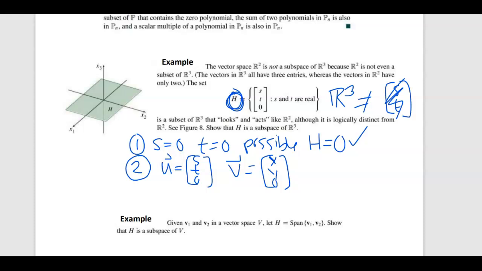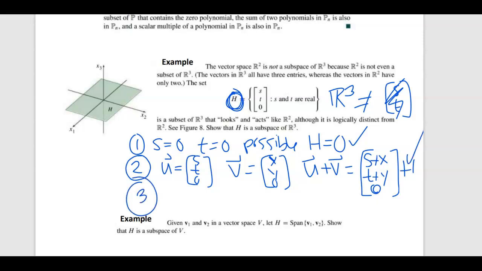If I add u plus v, I get (s plus x, t plus y, 0). Yes, that matches H, because H says that you have something in the first and second column, but nothing in the third. So this is good. This is in H. We're good.